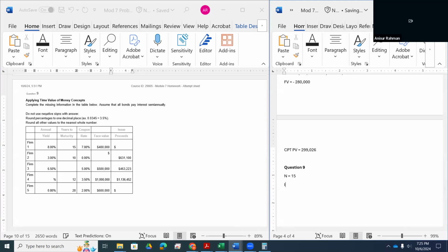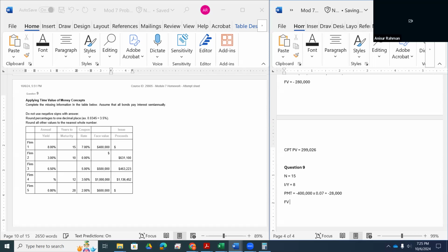And then I over Y is equal to 8. And then present value we have to find out. So let's skip that. Our PMT is equal to our face value, which is 400,000 times our coupon rate, which is 7%, which will be 28,000. And because the company is paying this, it will be a negative sign.